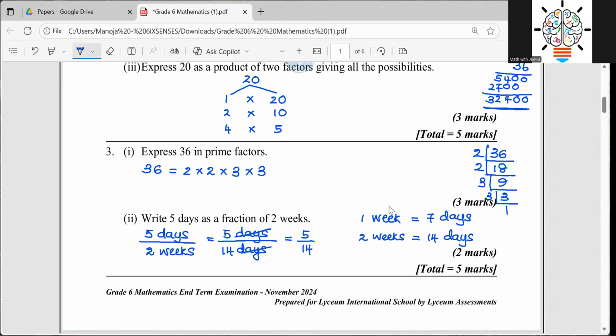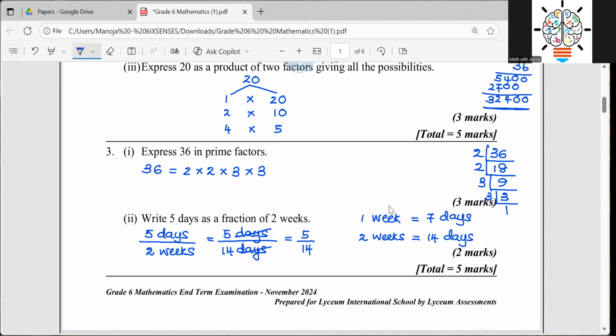When you get the original paper, you don't see the marking scheme and you don't know what kind of marking scheme will be there, or how whoever the examiner is this time has prepared it. Therefore, please be ready for the worst case, that either she or he is expecting 5 days over 14 days, or just 5 over 14. You get the marks if you have written both.